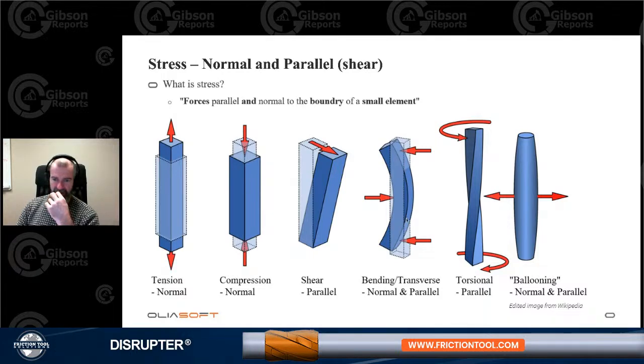And the transverse shear is actually then what's happening in a cross section on this rod. Torsional is a little bit easier to understand. That looks very similar to the twist that we were looking at on the previous slides. And of course, ballooning, that I mentioned on the stretch calculation.